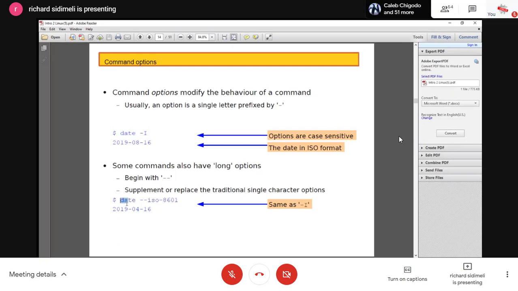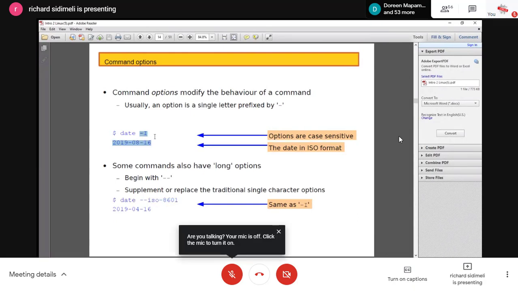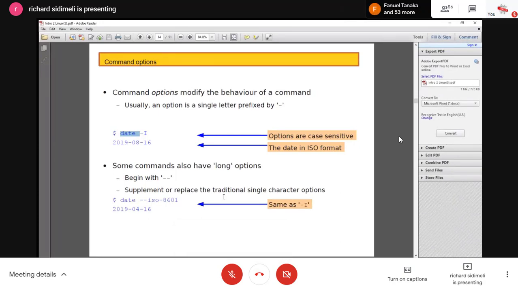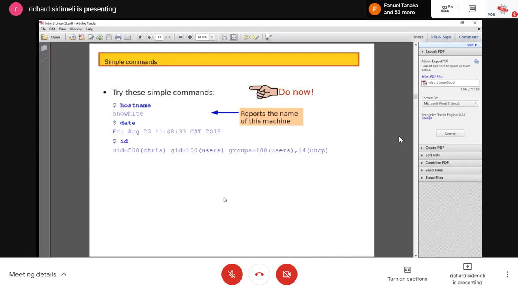We can also state it with two minuses, then the ISO and some value there, which means specifying the ISO format that we're using. And then we'll get the particular format that we want. Otherwise, you realize that this whole statement is the same as -I. So these are called options that follow a command. We are going to be doing a lot of those next week for you to really follow.